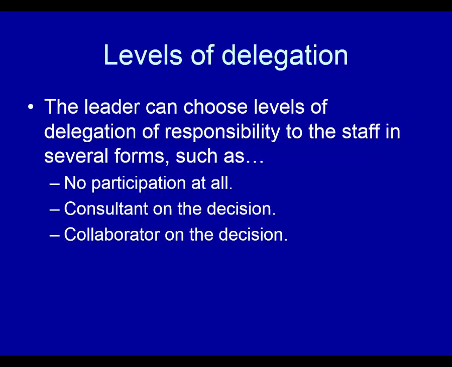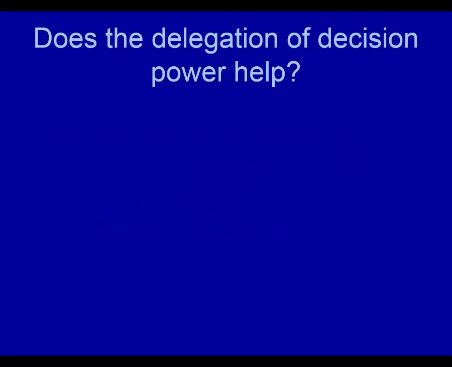Or collaborator, that is to say, you say to staff, we will find a solution together, meaning I won't implement something or order something to be done that you do not agree with. So there are three levels of participation: none at all, consultant, or collaborator. Those are terms we'll use in this presentation.